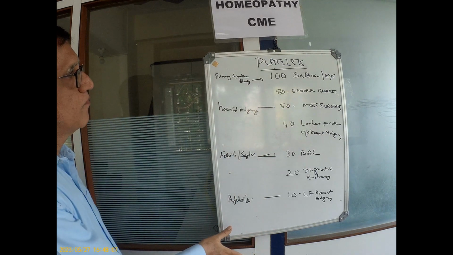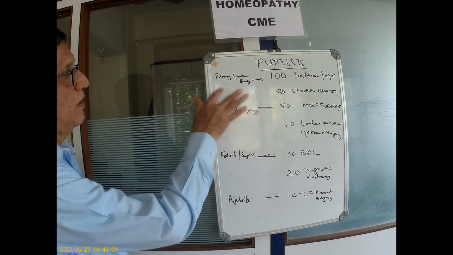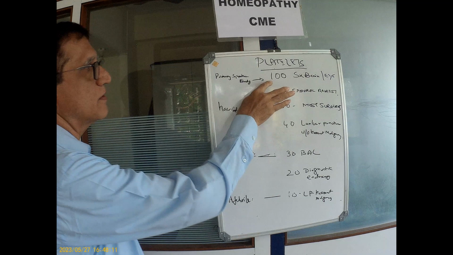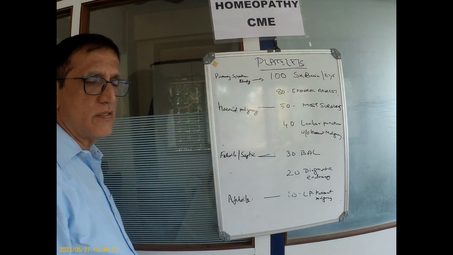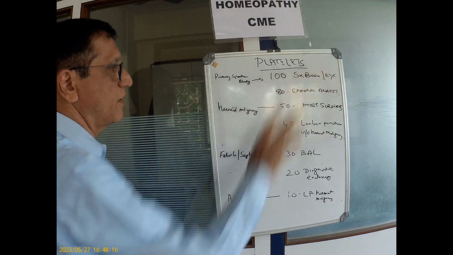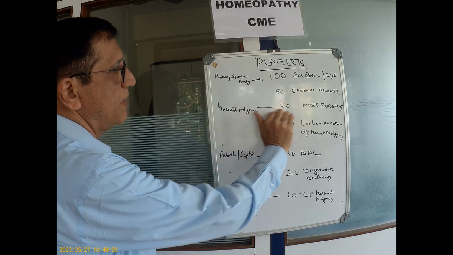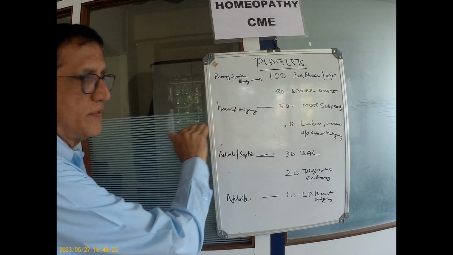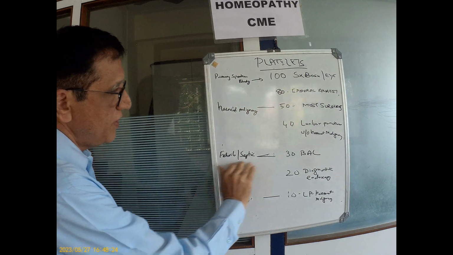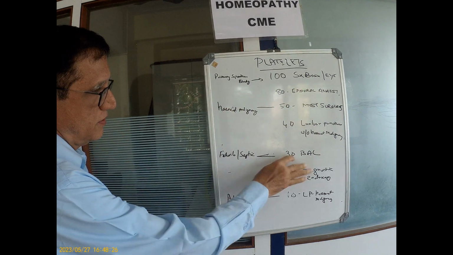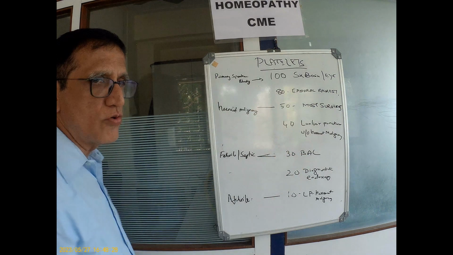Clinically, a primary spontaneous bleeding can occur even with a count of 100. Hematological malignancy can give a count of 50. Fever and septic conditions will give a count of 30.